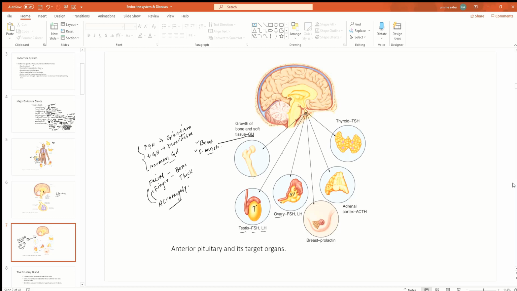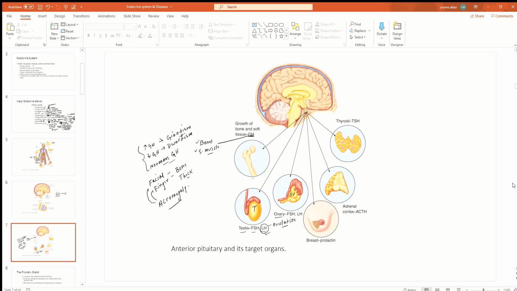And the luteinizing hormone particularly helps in ovulation. Ovulation means the release of the egg. So growth of the sperm and ovum, and the release of the egg, which is called ovulation, that happens in girls, right? So these two hormones, follicle stimulating and luteinizing. So we got three hormones.